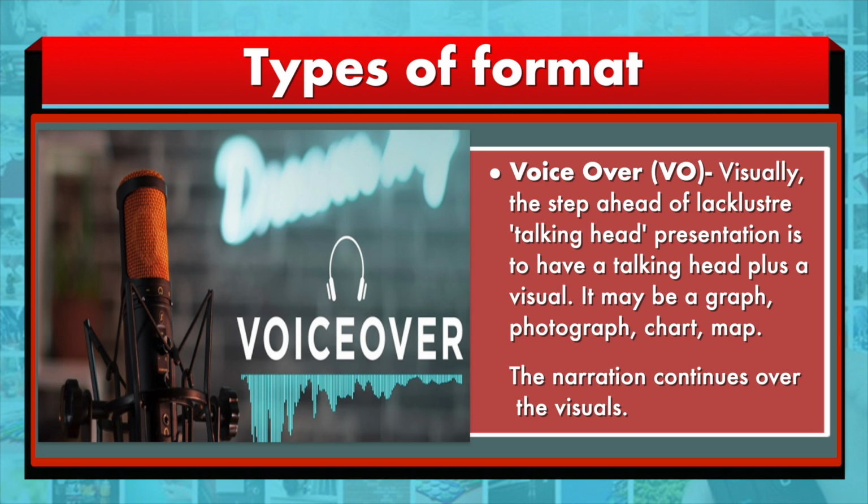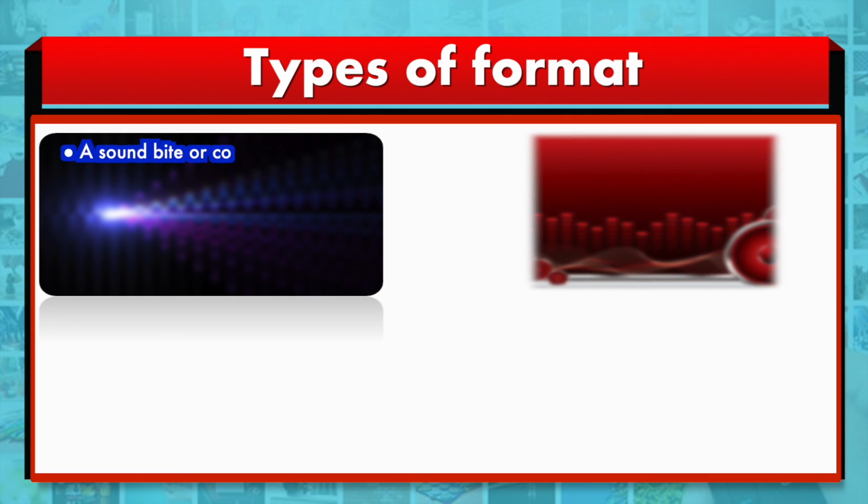Visually, the step ahead of a lackluster talking head presentation is to have a talking head plus a visual. It may be a graph, photograph, chart, or map. The narration continues over the visuals. Soundbite.